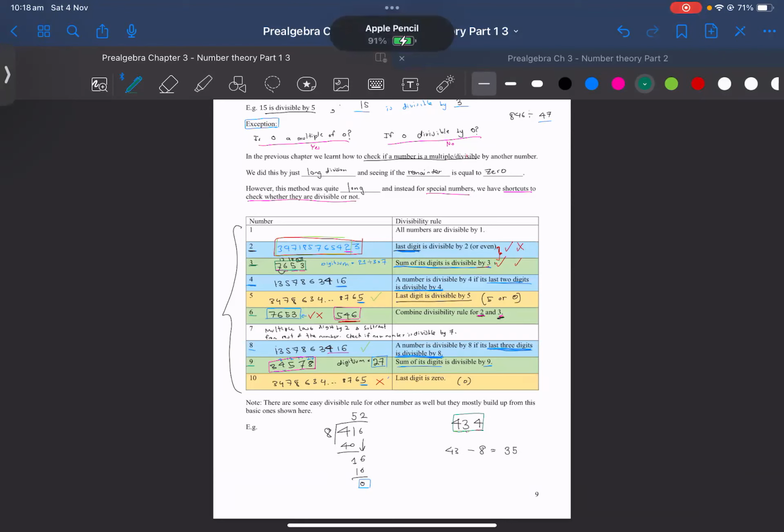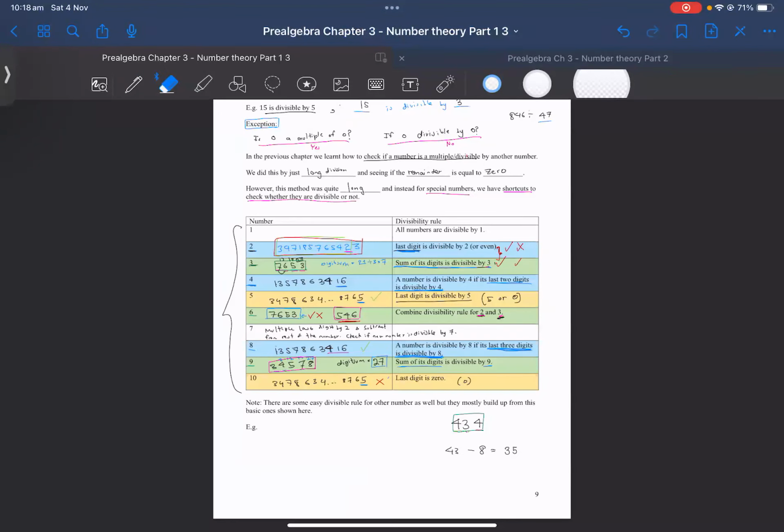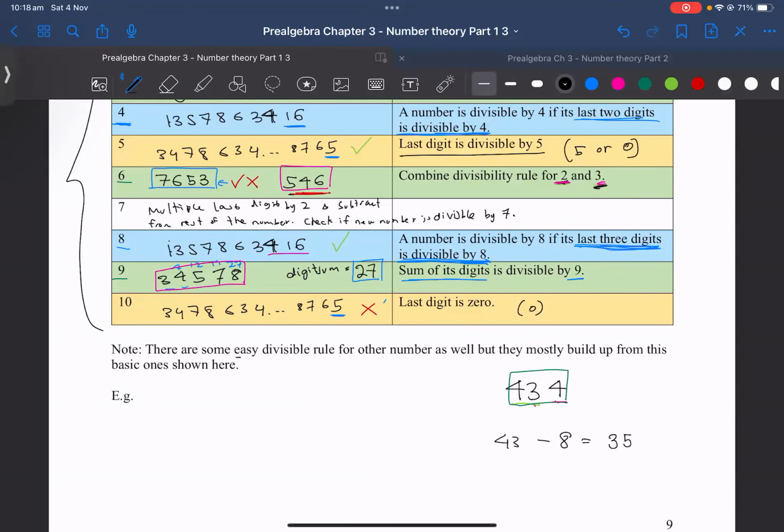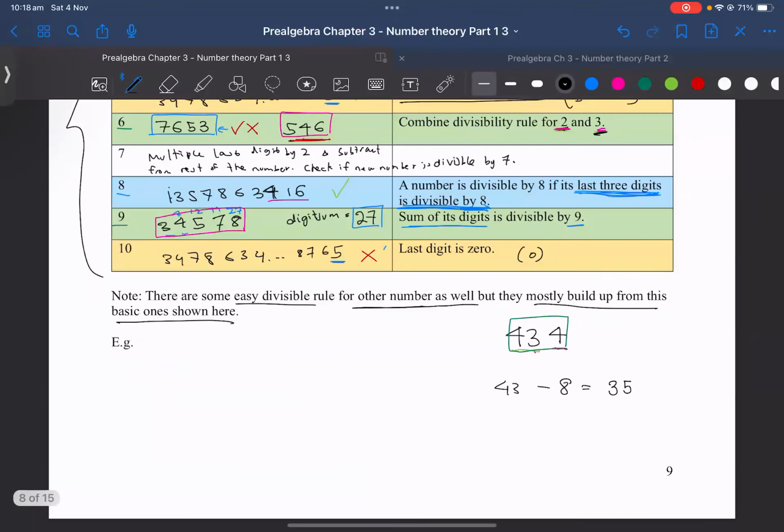No? All right. In that case, we'll quickly discuss that there are easy divisibility rules for other numbers as well, and they mostly build up from the basic ones we know here. For example, there's a divisibility rule for 16. Do you know what that is?